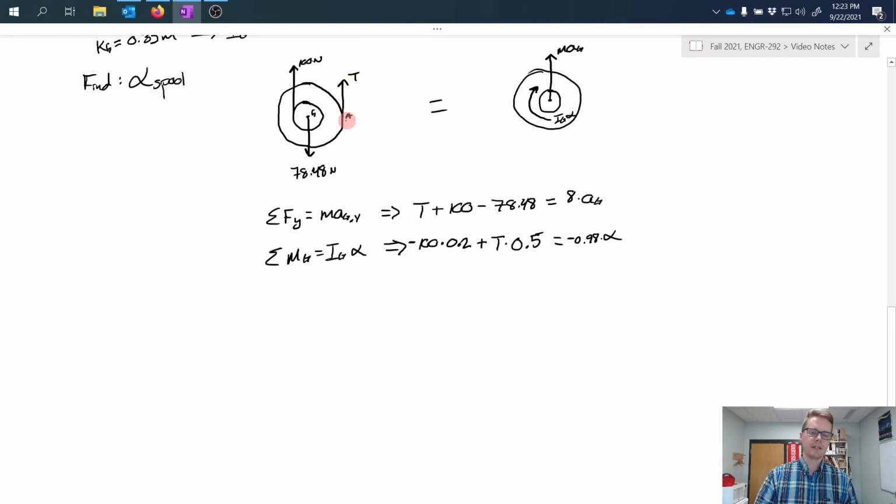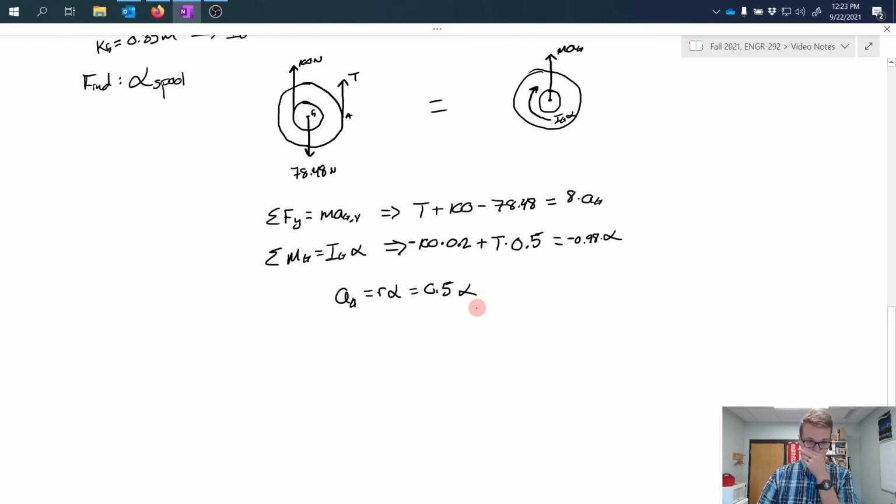A is fixed. It's attached to the rope that's attached to the ceiling and can't move. So I can relate these two by saying that a_G is r alpha, where r is the distance between A and G, which was 0.5. So that gives me an expression, or a third equation, that coincides with my three unknowns.